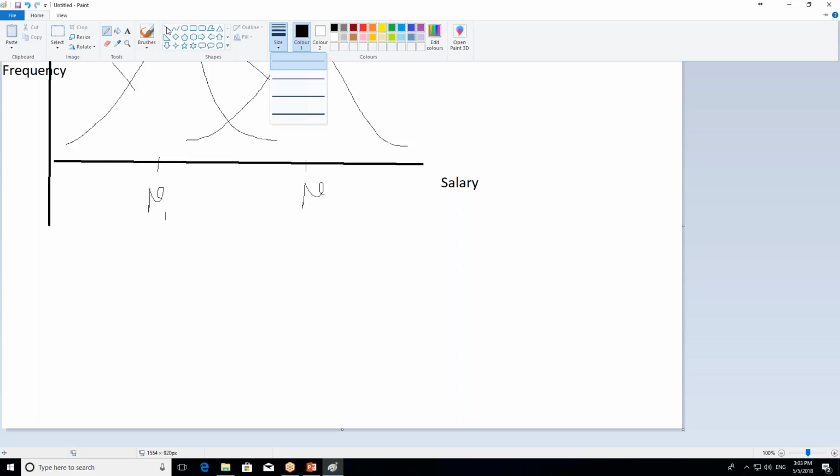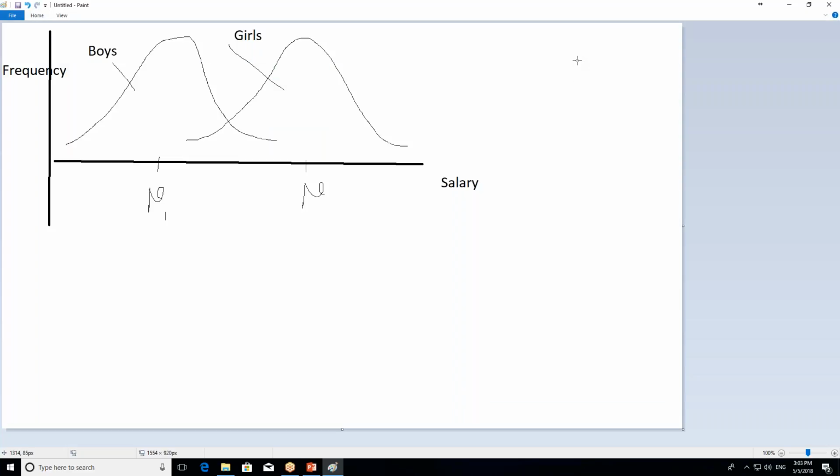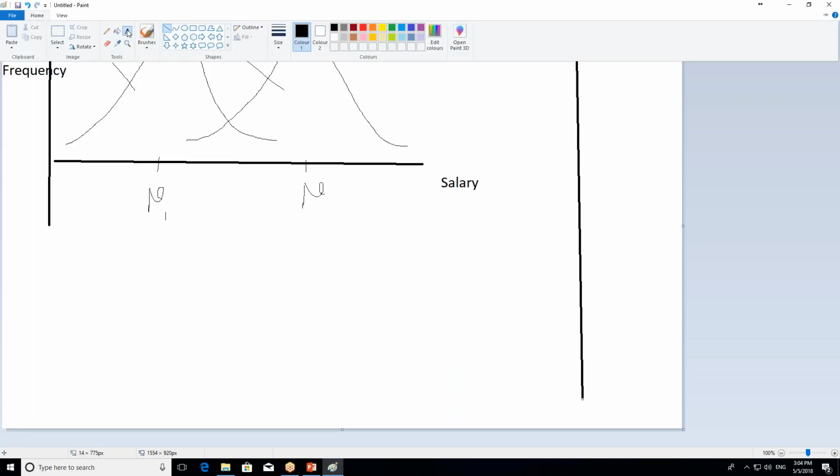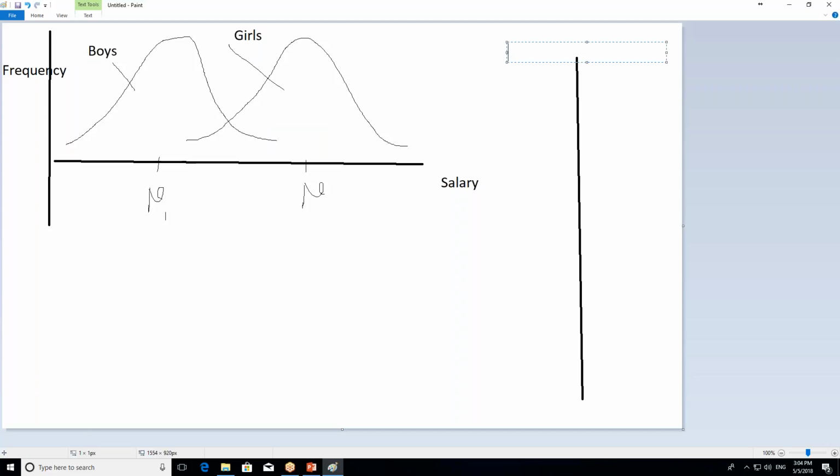Let's do one thing. Here it will be my gender, and this will be my salary.